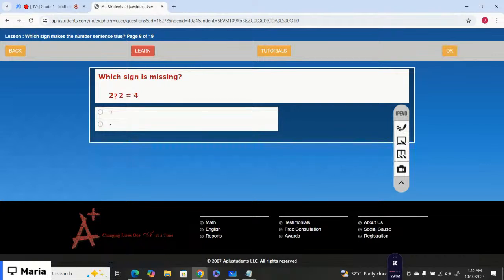Which sign is missing? 2 plus 2 is 4 or 2 take away 2 is 4.